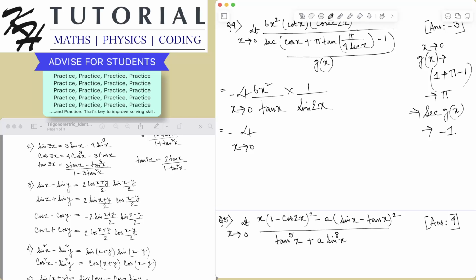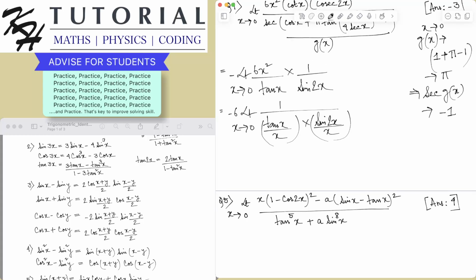Let's bring the 6 outside, minus 6, and distribute the x square from the numerator, one x to the denominator of tan x and one x to the denominator of sine 2x: tan x by x multiplied by sine 2x by x.